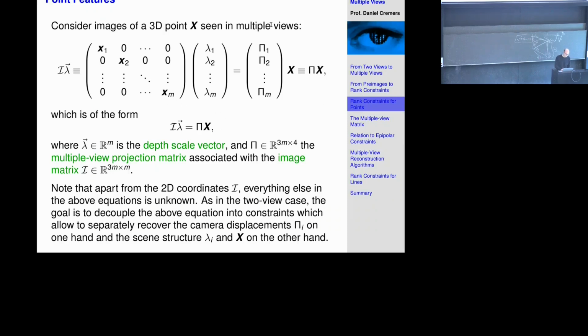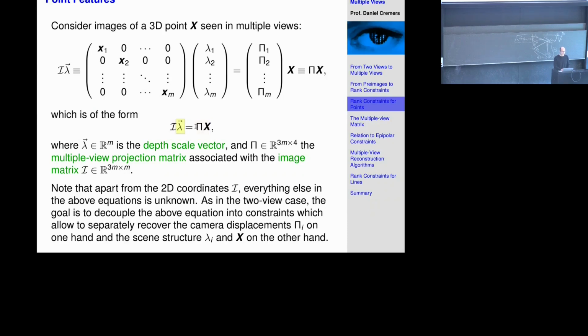And so to write this very compactly, I can write the projection of a 3D point into M images with a single equation in this form, where I have this projection that models the projection into all these images, and these contain the rigid body motions and the intrinsics as we saw before. And then I have a vector lambda that contains the depth values for all the M images. And that's the vector that I'm looking for.